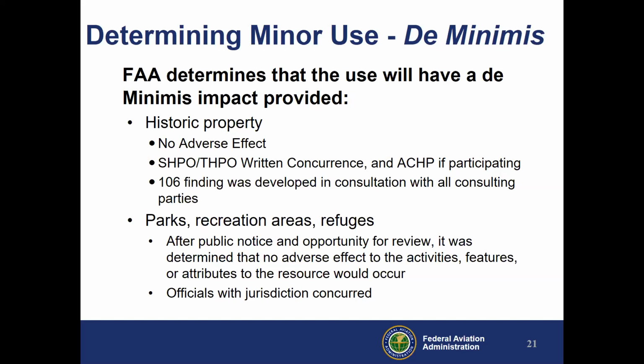If it's an adverse effect, we can't use de minimis. The goal here is to not have to write a 4F evaluation, but you also have to have the written concurrence. You have to know whether or not your ACHP is participating or not. If they are participating, you also need their concurrence. And all of this with your 106 findings, section 106, under the National Historic Preservation Act, it's all developed in consultation with all of the different consulting parties.